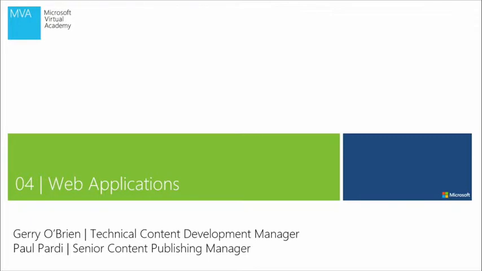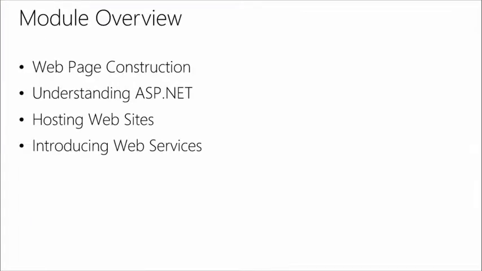But what we're going to take a look at here from this perspective on web applications basically is a quick overview of web page construction and talk a little bit about the difference between HTML versus an actual ASP.NET or a web application itself. And then we'll gain an understanding, kind of a high level, of ASP.NET, which is Microsoft's platform for web applications, which will help you understand a little bit of the differences between just a core HTML page and an actual web application that has some functionality.